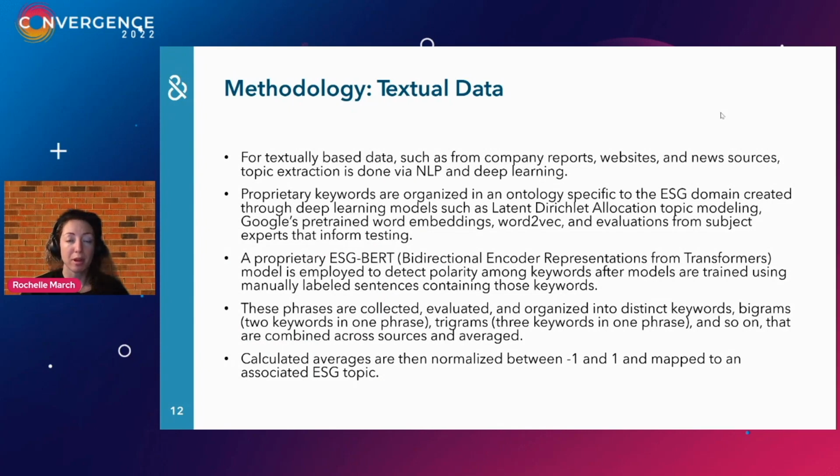Could be what we call bigrams, which is two keywords in one phrase, trigrams, and so on, that are then combined across the sources and essentially averaged. So you might have a number of instances across news, across reports, across websites, across NGO databases and so on. And so we link those to the distinct topics, and then we run the analysis and then score them.